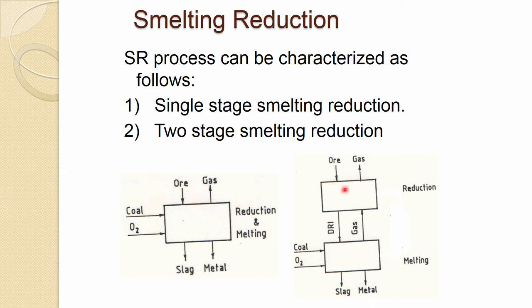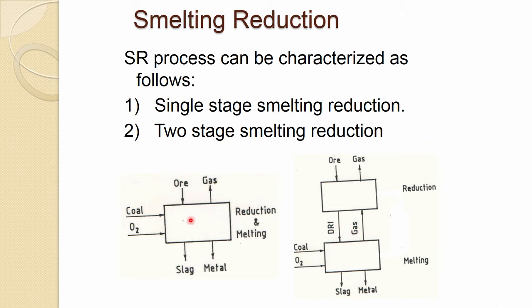So, this is like a two stage process. So, in the first one you have a reduction of iron ore from the product gases which are coming out from the smelting reactor, and in the second reactor that reduced DRI is fed along with coal and oxygen, and the smelting occurs and you get the liquid metal and slag.